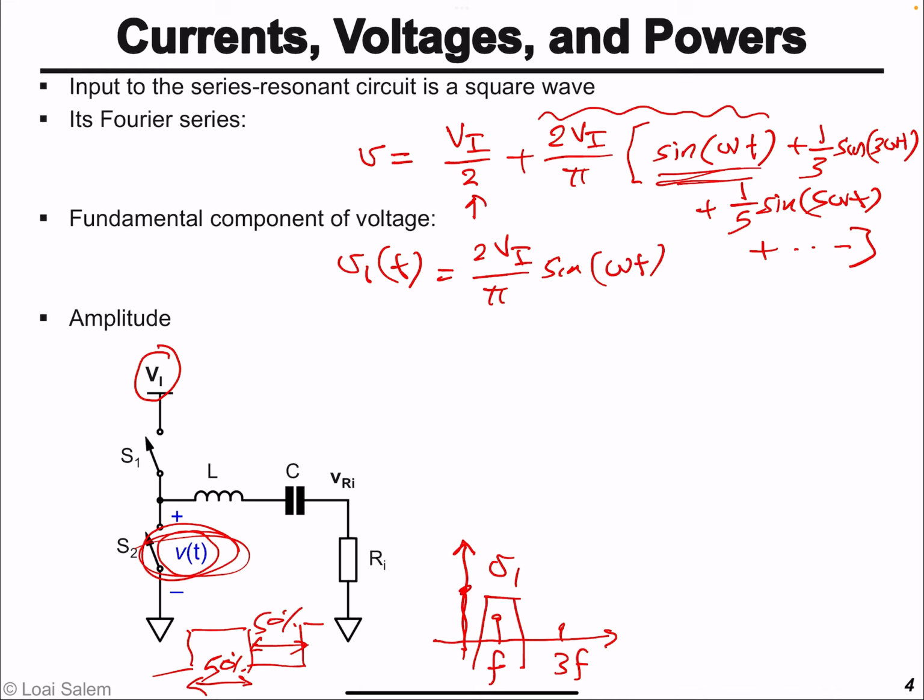And then what we are interested in is to find an expression for the current in the series resonant circuit. And the current, as we know, will be the voltage across the series resonant circuit divided by the equivalent input impedance of the series resonant circuit.